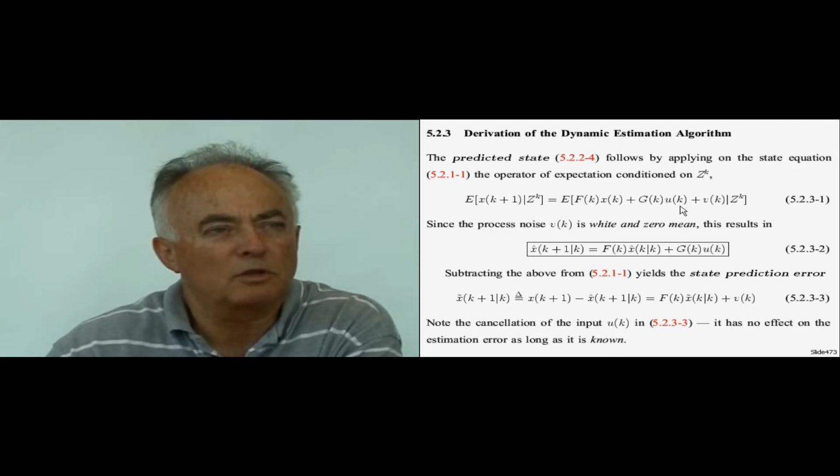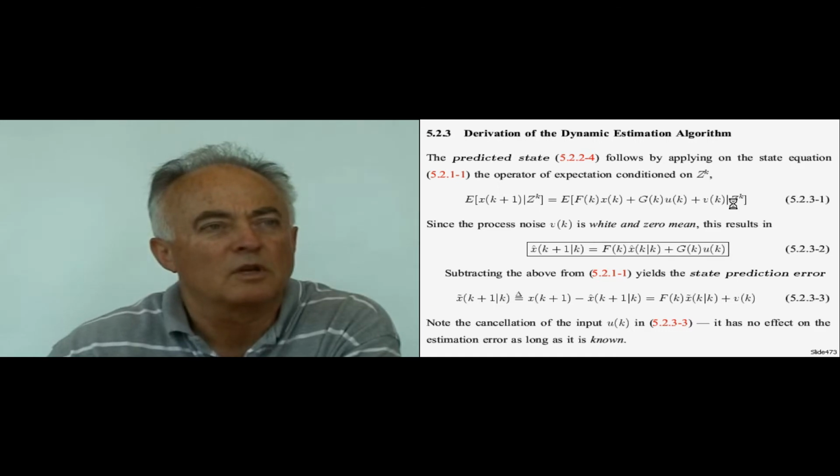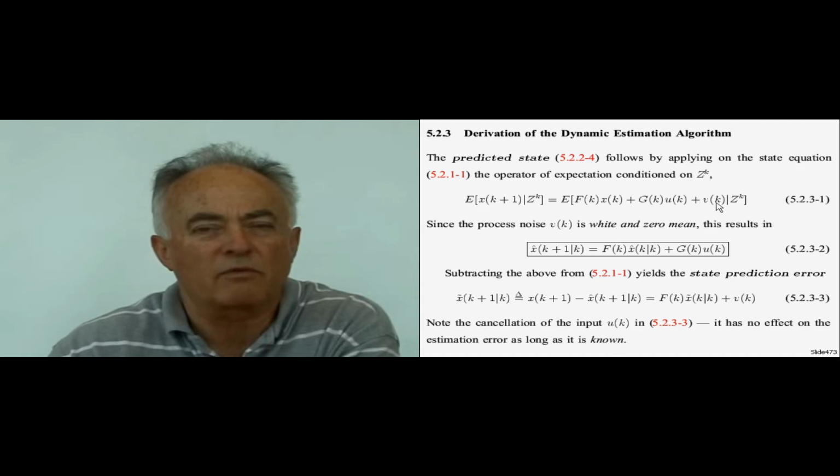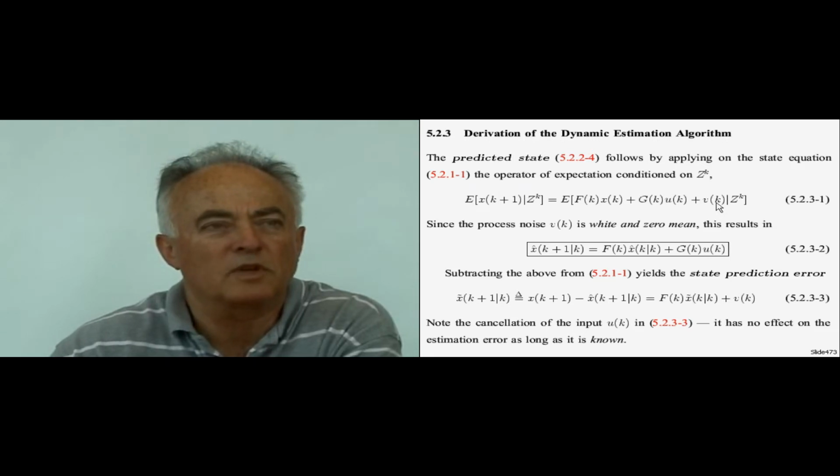This is completely deterministic, so it appears as is, gk uk, and the expected value of vk is 0 because it's white, and the vk noise appears after all the previous vk's up to k minus 1, of which it is independent, and the measurement noises up to k also are there in the system in this z k, and they are also independent.